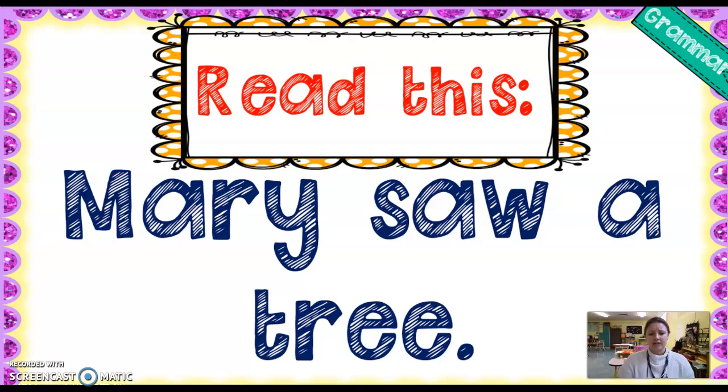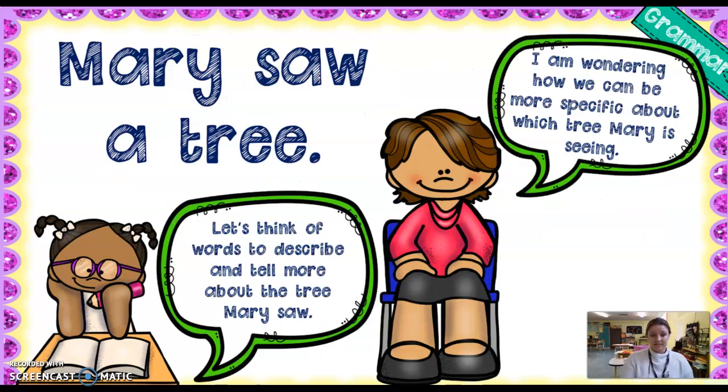Read this sentence out loud. Good. Mary saw a tree. I'm wondering, how can we be more specific about which tree Mary is seeing? I want to think of some words to describe and tell more about the tree that Mary saw.